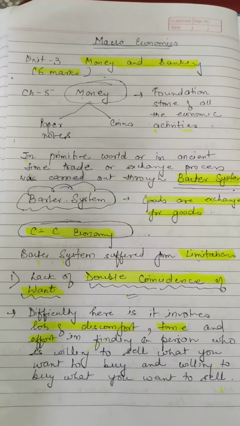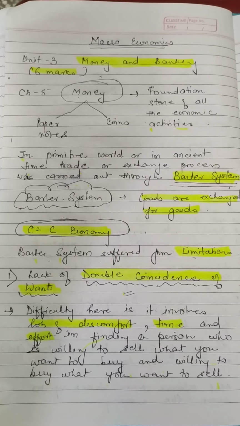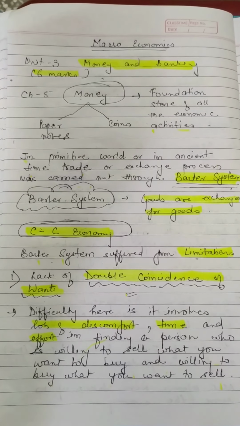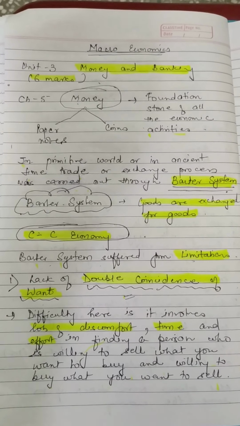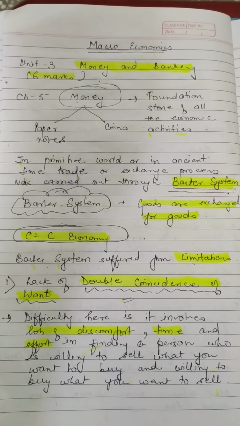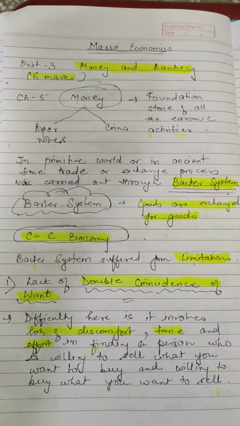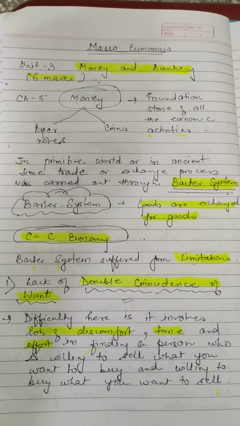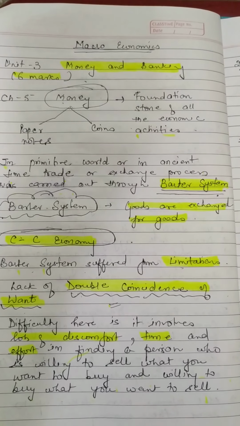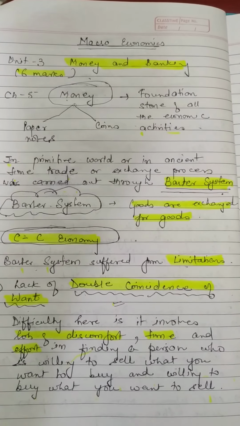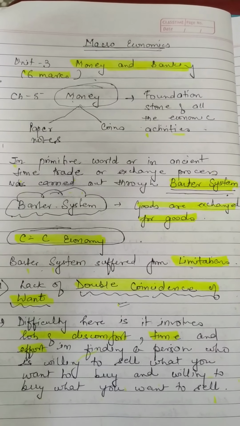Now in the next video we'll be discussing money supply: what we understand by money supply, measures of money supply, and money multiplier. Clear? For macroeconomics you can refer to Introductory Macroeconomics by Sandeep Garg, Dhanpat Rai Publications.